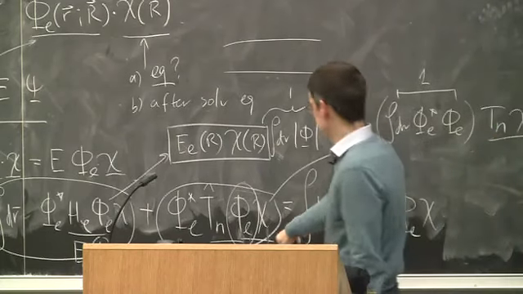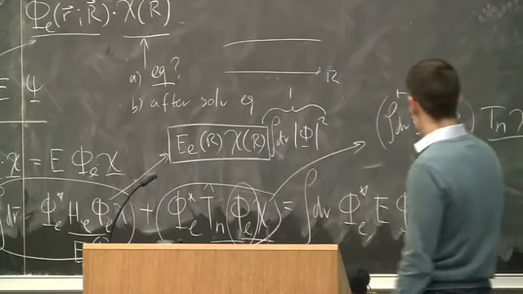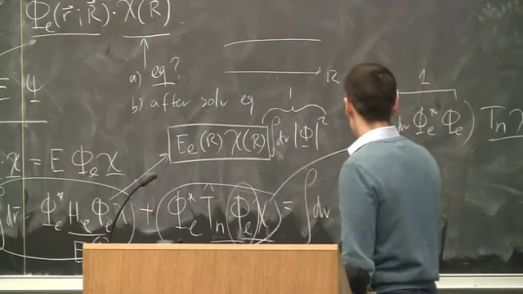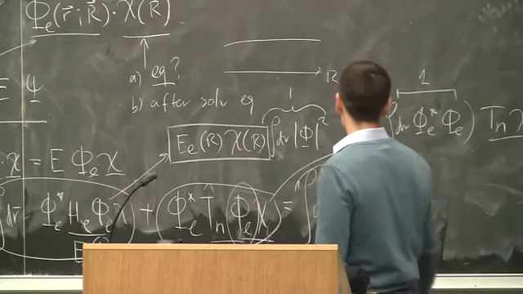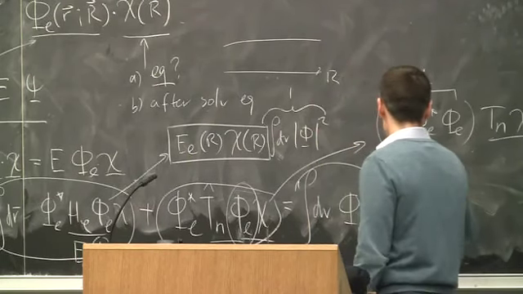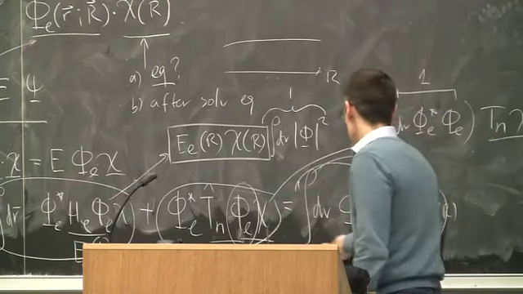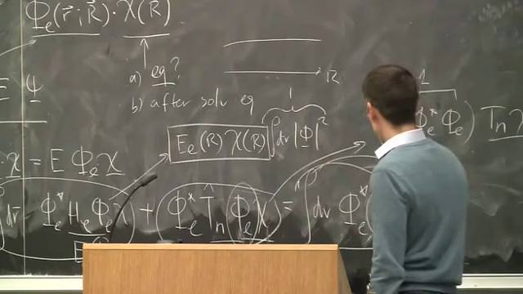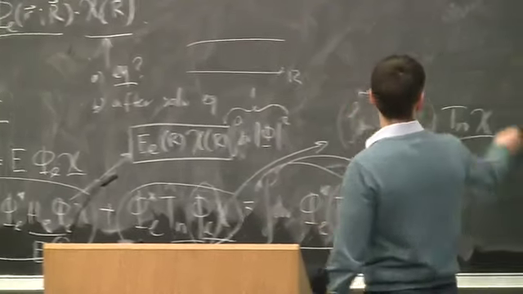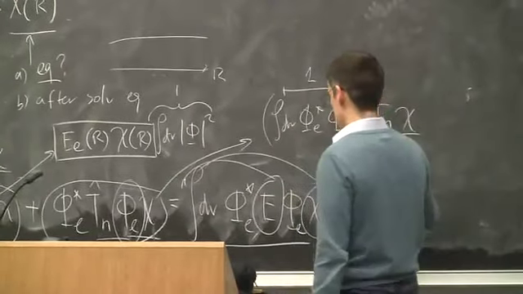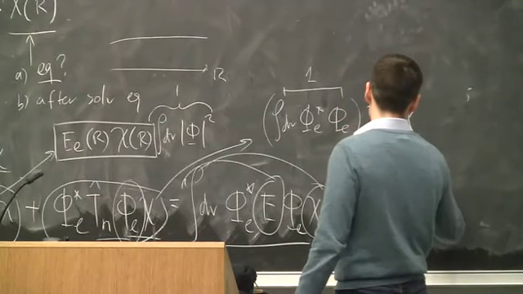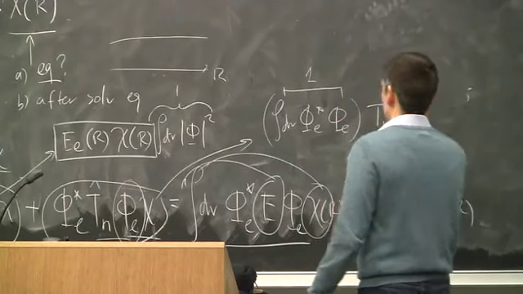That's from that term. And this term is very simple. E is a constant here. It can be taken outside of the integral. Chi depends on the big R, so it also can be taken outside of the integral. And the integral is just a normalization integral, the same as here. And so the third term is simply a constant multiplied by chi of R.